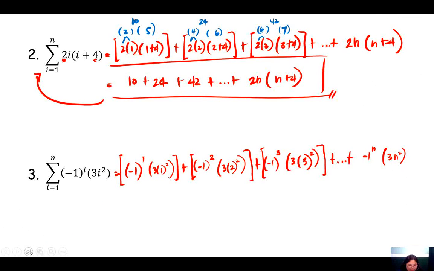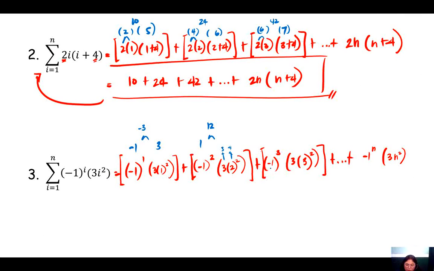Let's simplify everything. This one is still negative 1, this is 3, so negative 1 times 3 is negative 3. This one is positive 1, this is 3, 2 squared is 4, so 3 times 4 is 12, and 12 times 1 is 12.